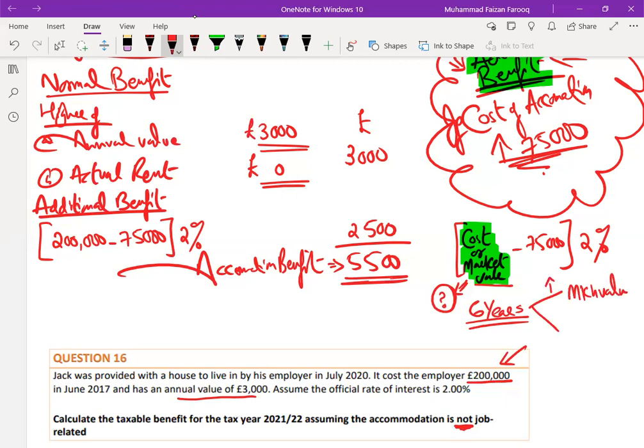If it is equal to or less than 6 years, we will use cost. The employer acquires the property and provides it to the employee. If the gap between these two dates, purchased by employer and provided to employee, is more than 6 years, we are going to take market value. And if the gap is less than 6 years, we are going to take cost.